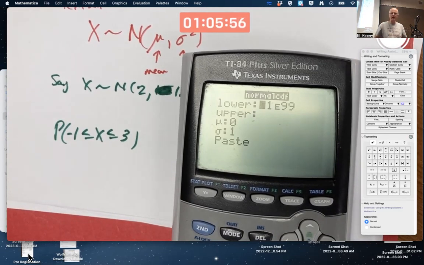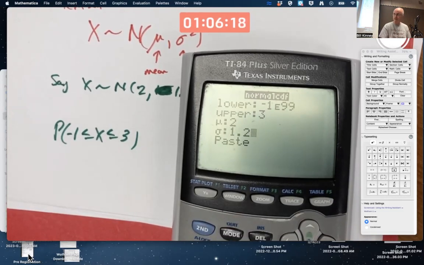It by default leaves the lower limit as essentially negative infinity. Negative 1E99 is the calculator's way of representing negative infinity. If I put the number 3 here, for example, that's computing a CDF value, capital F of 3, with the given mean 2 and standard deviation 1.2.